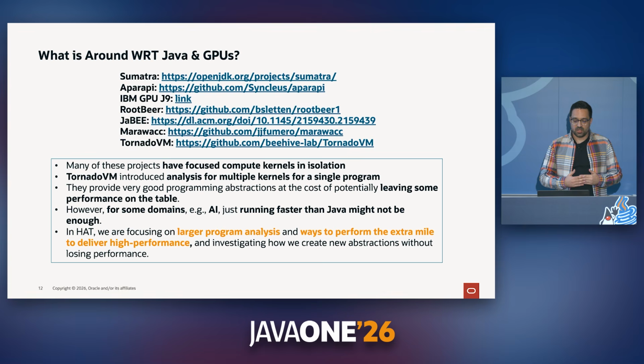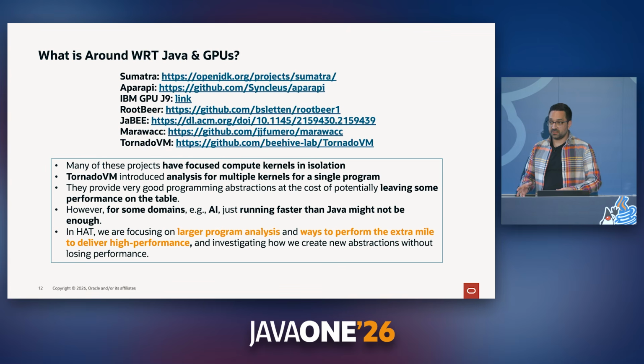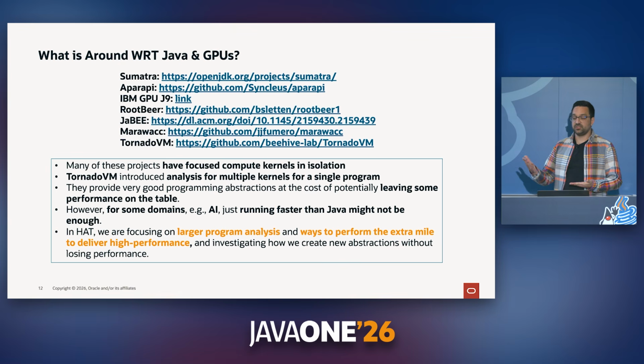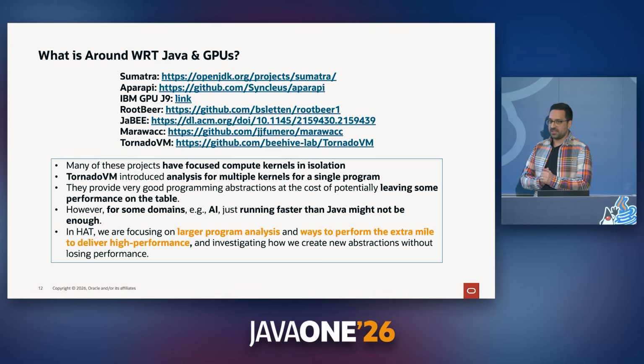In HAT, we are taking a different approach. And we think about this because just running faster than Java for some domains might not be enough, right? For many applications, just running on a GPU gives you a very good speedup if you write the right application with the right input size, etc. But there are some domains, like for example LLMs and AI, where running a bit faster is not enough.